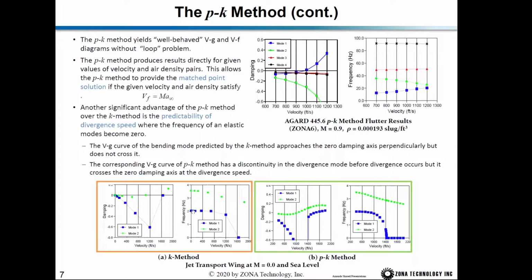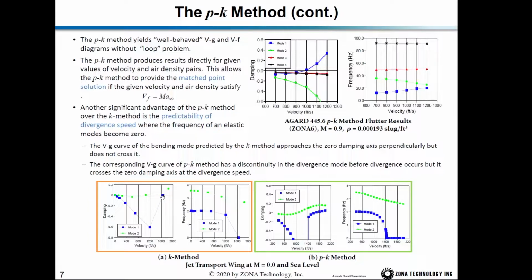You can see the frequency of one of the modes dropped toward 0, but it will never reach 0 because of the 1 over K term in the K method equation. And for the damping line, when you approach the 0 damping line, you will never cross it. So numerically, the K method cannot predict the divergence.